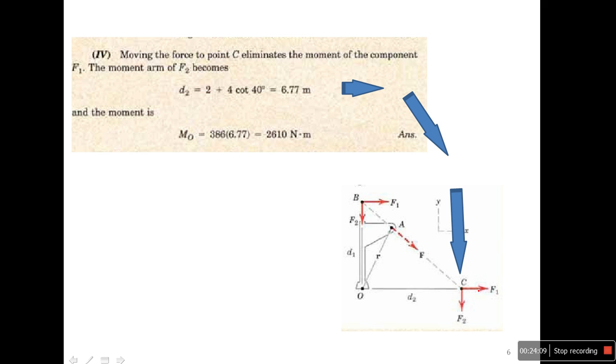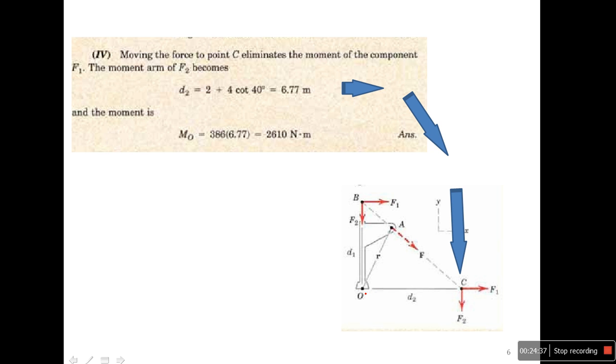Because the force passes through, so it has no distance, no moment arm. Do not forget, the moment arm is always perpendicular to the force. So F1 has no perpendicular distance to O, just F2. So I have F2, and I need to get D2.